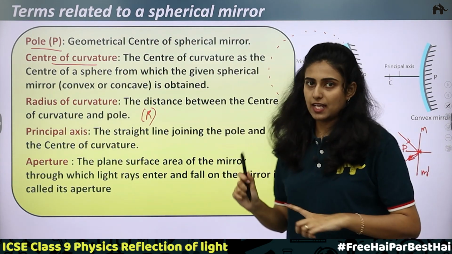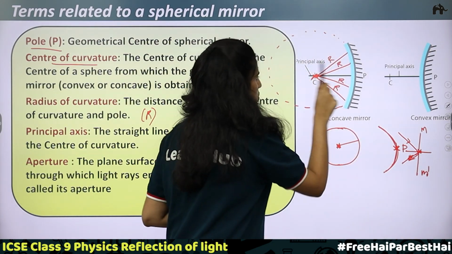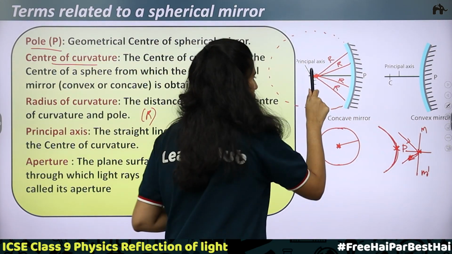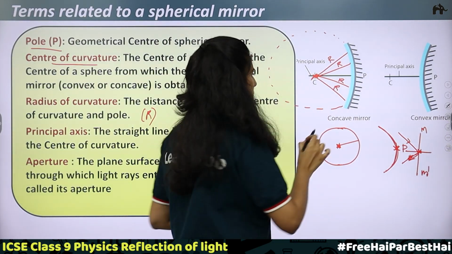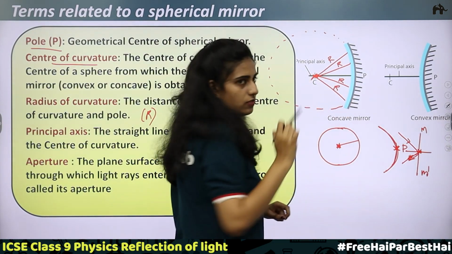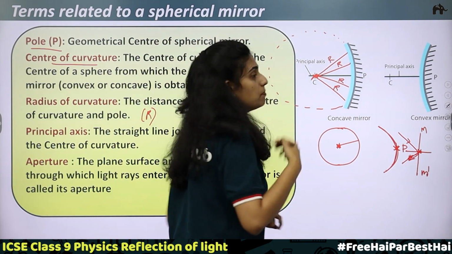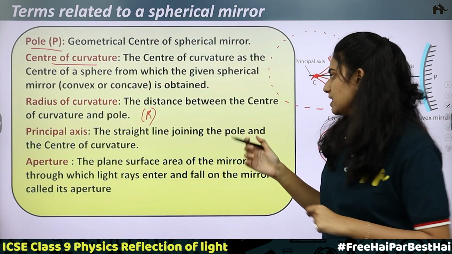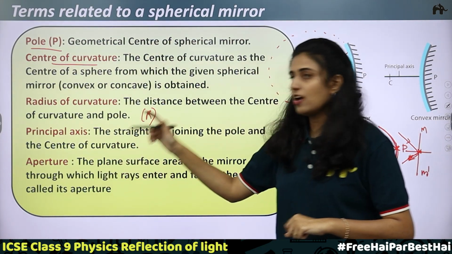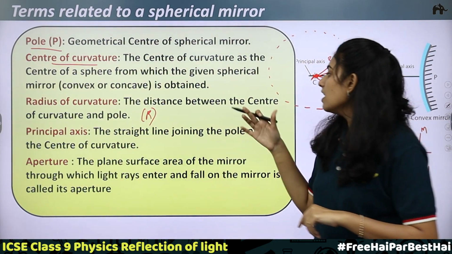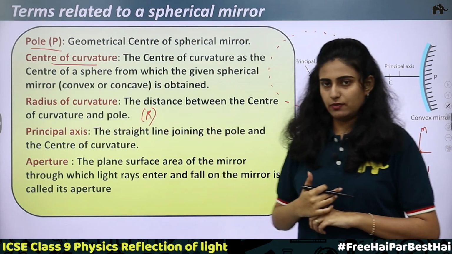Next is the principal axis. We have understood what the pole is and what the center of curvature is. When you draw a straight line passing through the pole and the center of curvature C, we call this line the principal axis. It is not just joining, it is a line passing through the pole and the center of curvature.